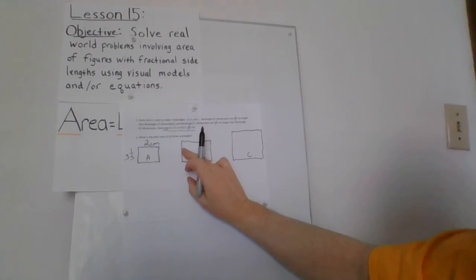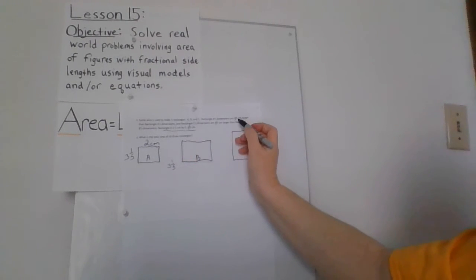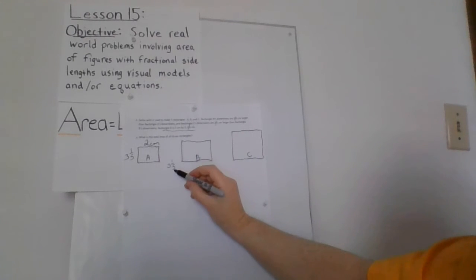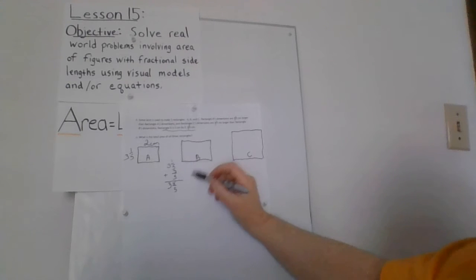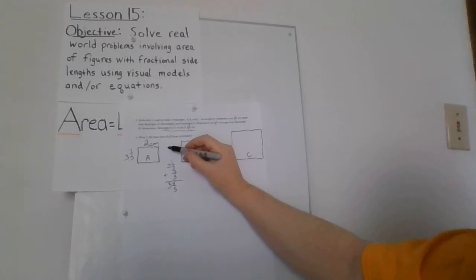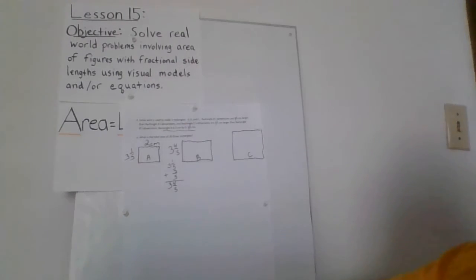So in order to find the width of this one, I have to do 3 1/5, and since I'm adding 3/5 more, when I add these, I end up with 3, 1 plus 3 is 4 over 5. So the dimension of B is 3 4/5, because all I did is add 3/5 to A.